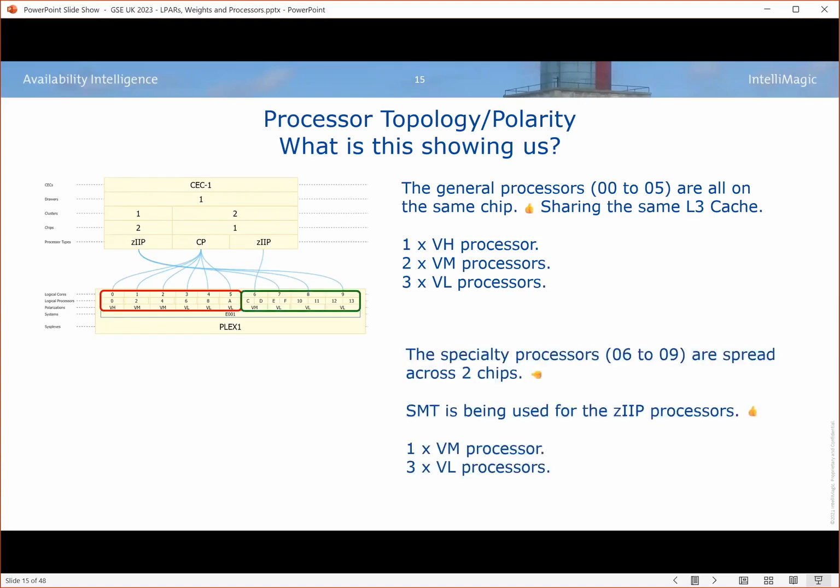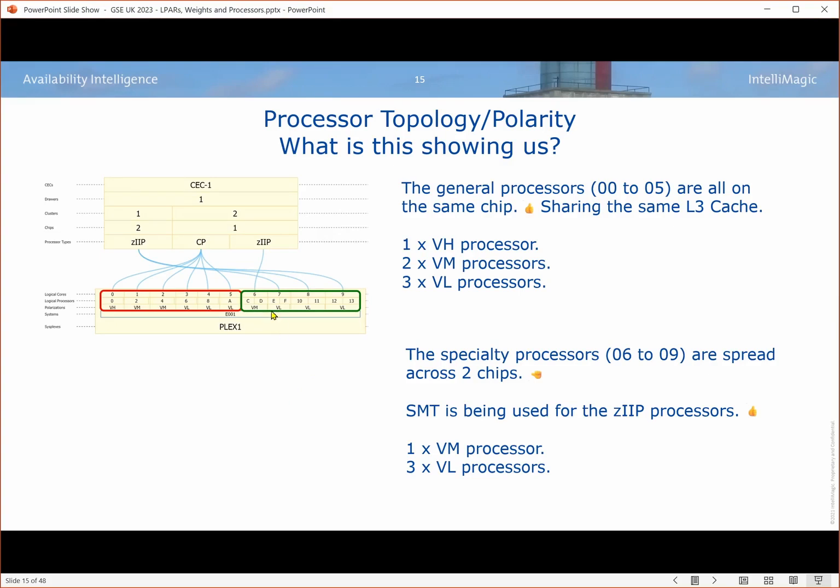The specialty processors, the zIIPs, are also defined here, and in this case, they're spread across 2 chips. We can see that processor number 6 is on chip number 1, which is the vertical medium. So we're expecting that's the bulk of our zIIP workload.